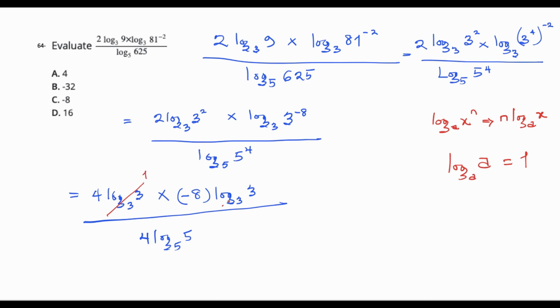Log to the base 3 of 3 is also 1. And log to the base 5 of 5 is also 1. So what is left of our equation is 4 multiplied by minus 8, all divided by 4. So 4 can cancel out 4 here, and we're left with minus 8. So our answer here is C.